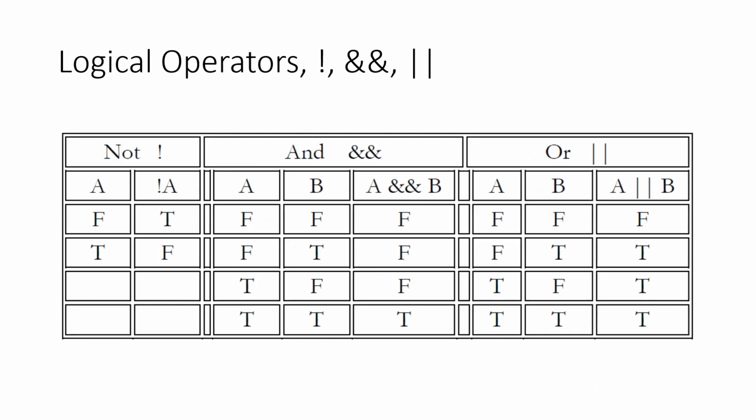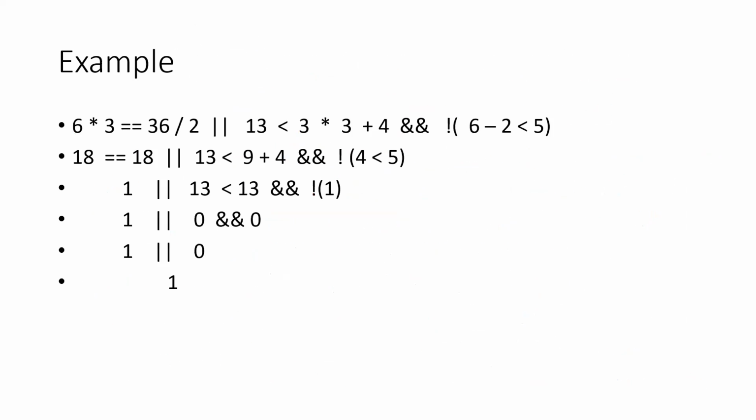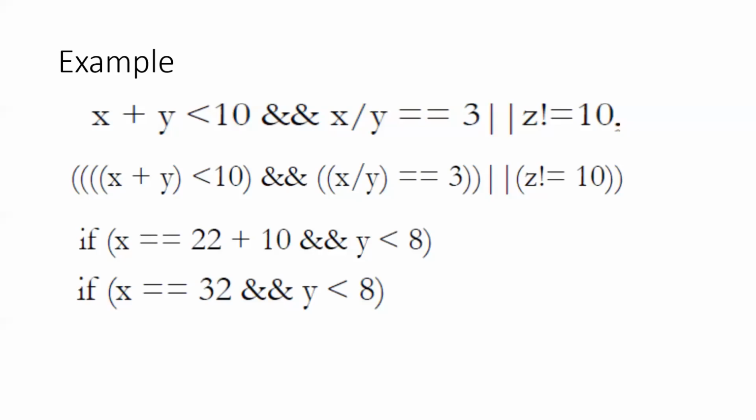Oh no, sorry. I forgot to put the value of x and y right here. Let's just say x equals 15, y equals 10, and z equals 2, something like that.